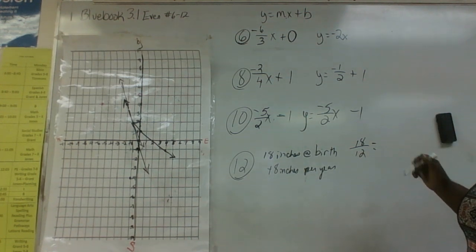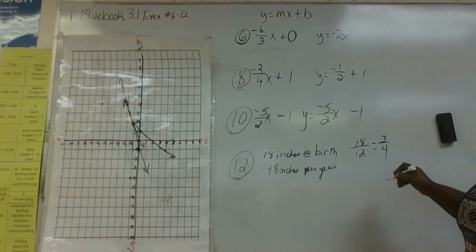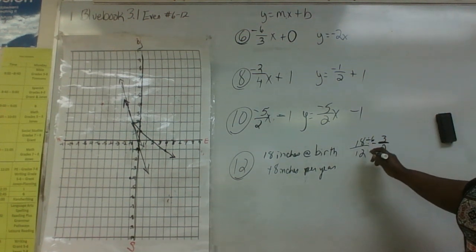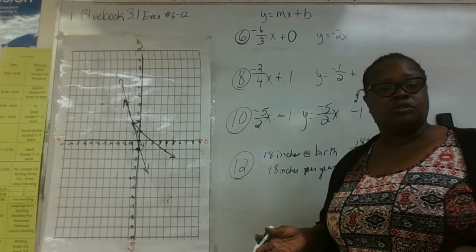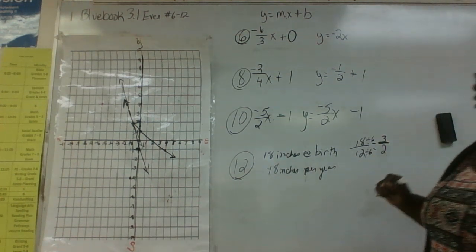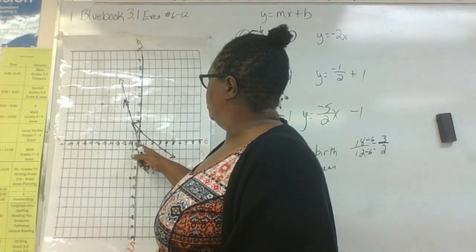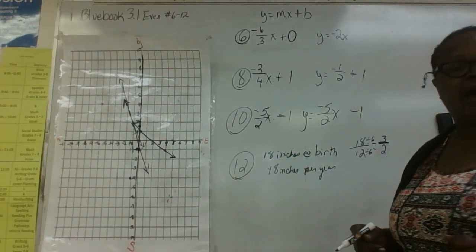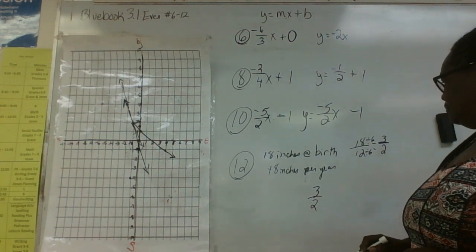If we divide by 6, it looks like 3/2, sorry, not 3/4. That's what it is at birth. So when it is 0 years old, it is 3/2, which equates to 1.5. That is our y-intercept. So 3/2 is our y-intercept.